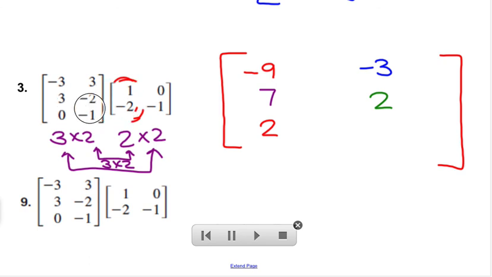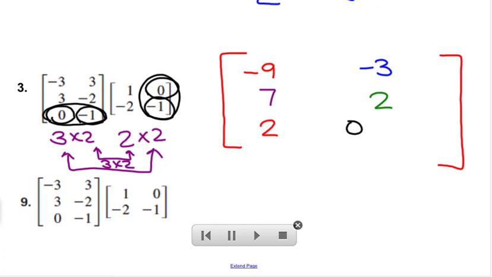All right. Last row, second column. First element is a 0 times a 0. Next one is a -1 times a -1. So our answer is a 1. So our matrix, what you got and what I get should be the same.